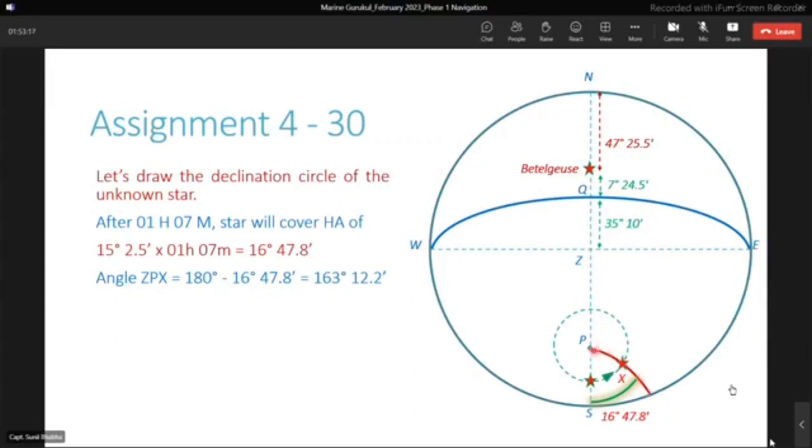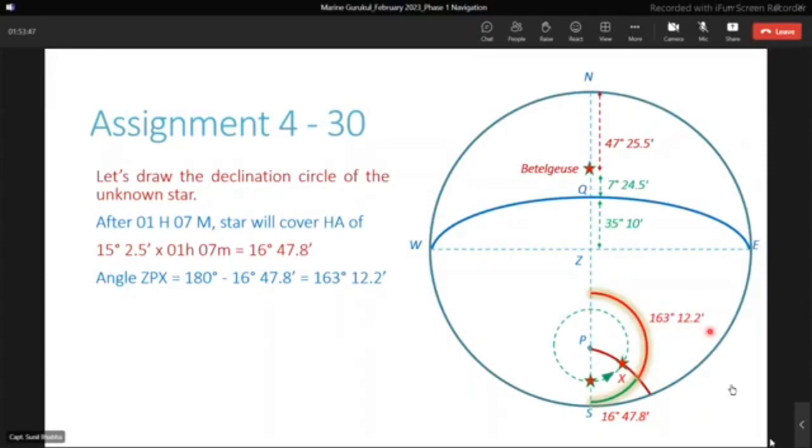We can easily find out this angle as 180 minus the R angle of the star. So 180 minus 16 degrees 47.8 minutes gives me the angle ZPX as 163 degrees 12.2 minutes. So let's mark it in our diagram. This is the angle which we have found now, and this angle is 163 degrees 12.2 minutes.